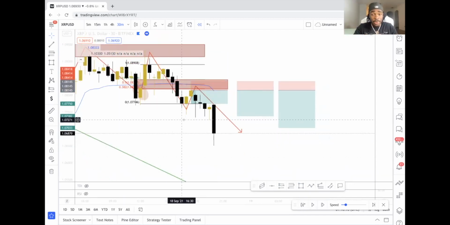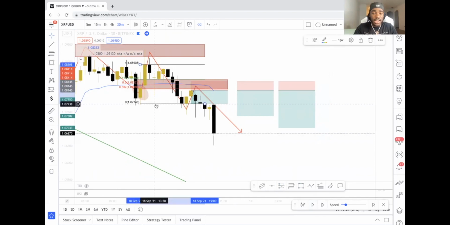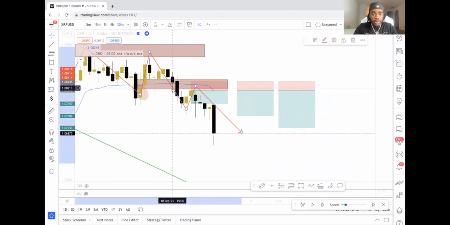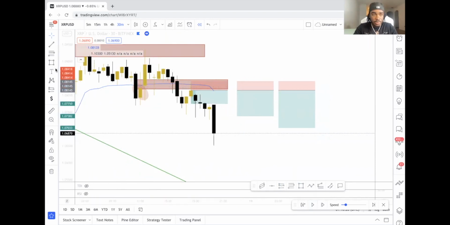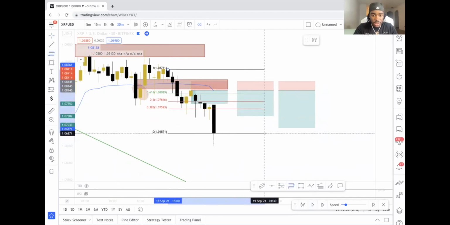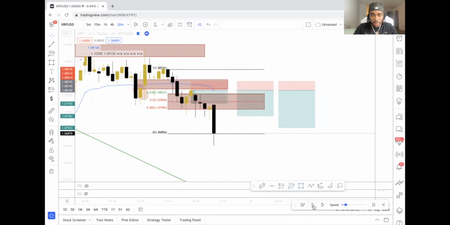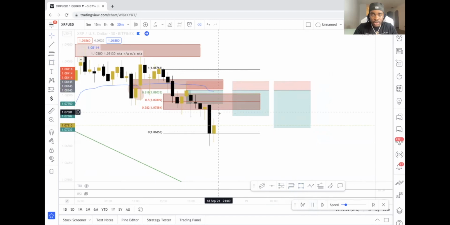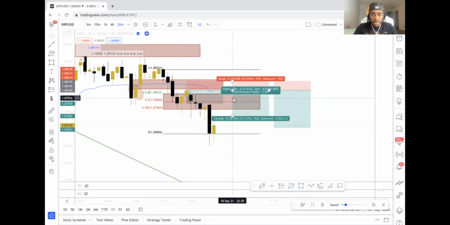Now that third TP has been smashed, everybody is looking for the new fib retracement area. So swing high, swing low. These are key areas right here. Everybody's looking for a retracement up to this area.